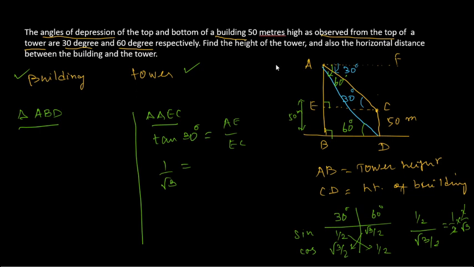Let me assume the height of the tower. What is asked here? The height of the tower is asked. Let me put h. So this will be the total height of the tower. We can put h here. Okay, so AE is nothing but h. So you can put h divided by, and what is EC? The distance between, so the horizontal distance.